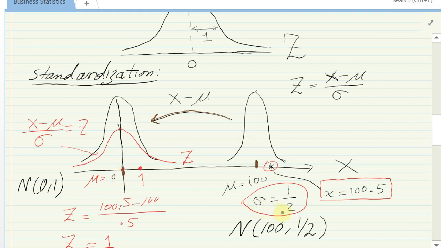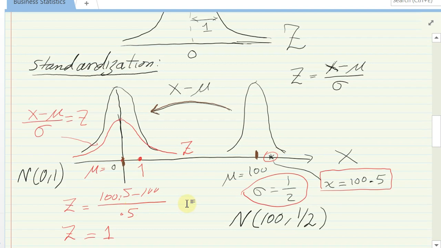The deviation used to be 1/2; at this point, the deviation is 1. What I'm doing is also tracking this one observation, 100.5. Once I do 100.5 minus 100 divided by 0.5, that's just going to be right in here.